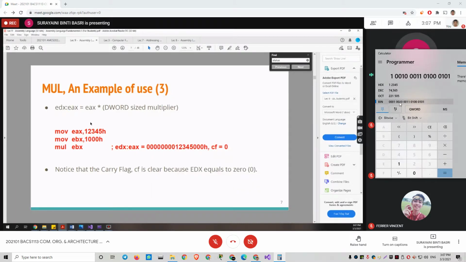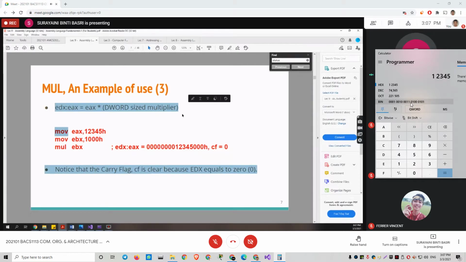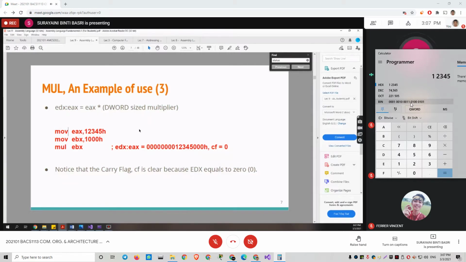Okay, so this is the formula. When we want to do the multiplication, we just put the multiplier in the mul instruction.